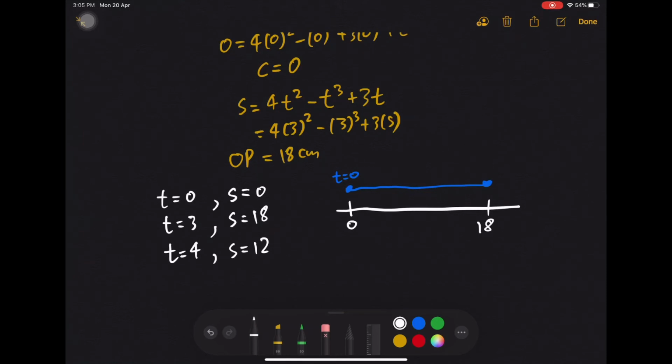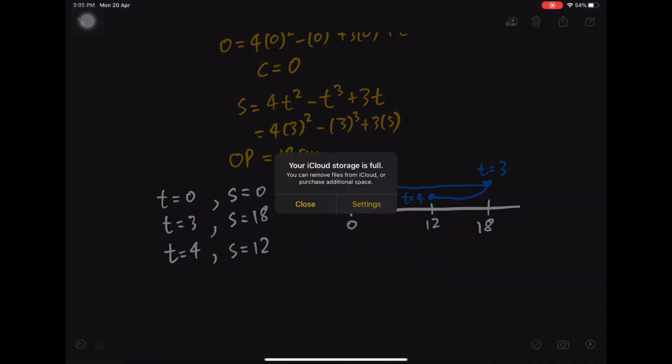We know that it took the particle 3 seconds. And now the particle is going back because the displacement now is 12. From 0 to 12, so the particle has to go back, has to reverse its direction. At t equal to 4 seconds, the displacement is 12 from the origin.